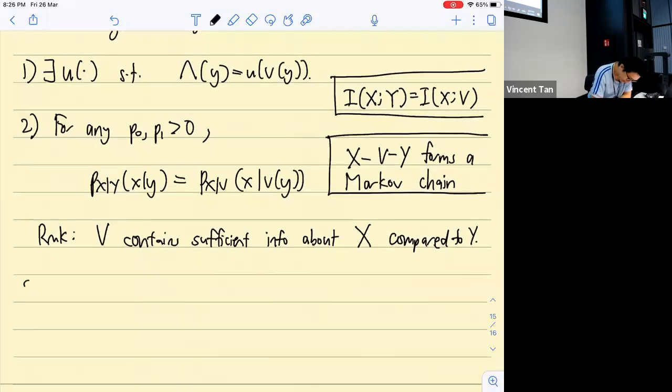So the final characterization is the following. The likelihood ratio of y is the same as that of v(y).